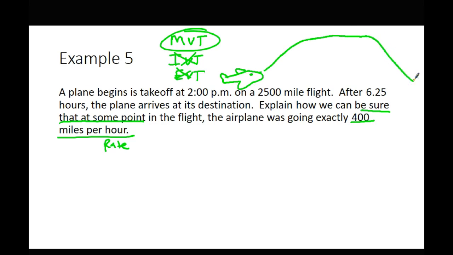So that path it's traveling, that's our function. We know that it's traveled a total distance of 2,500 miles in a total time of 6.25 hours. So how would I apply the MVT to this?